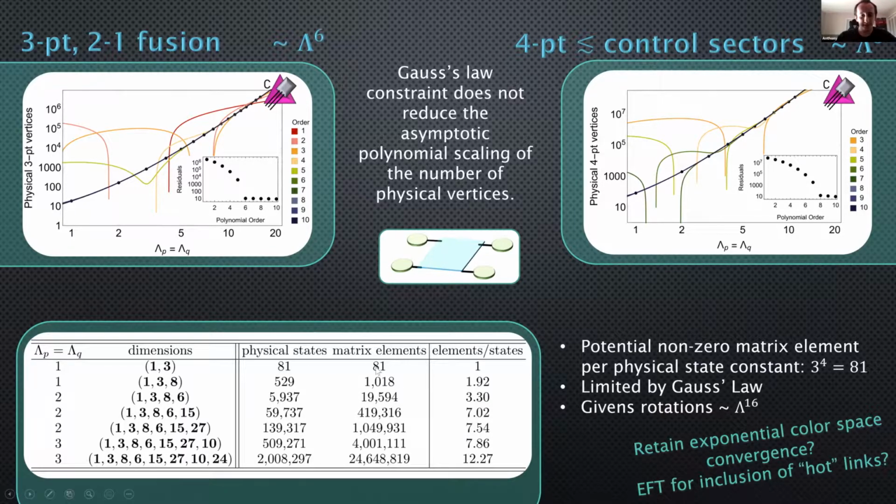So here we show the number of rotations you need as a function of the number of representations you're using, and it scales as lambda to the 16th as theoretically expected. However, this isn't as bad as it naively seems, because states with very large representations are going to be suppressed in the wave function.